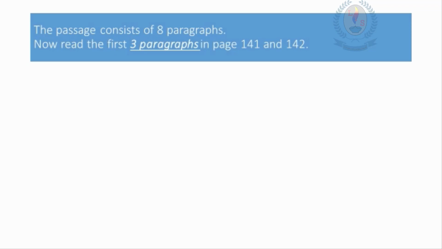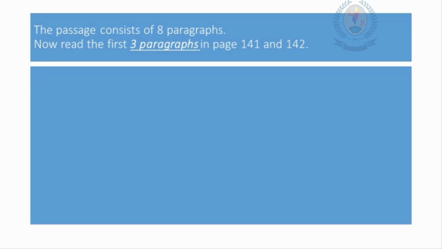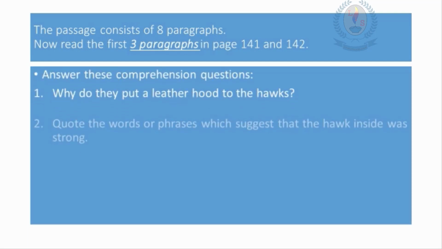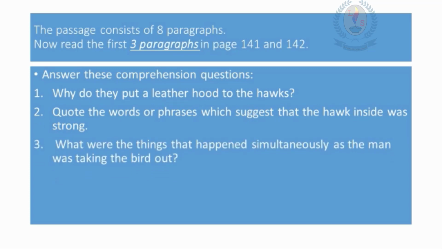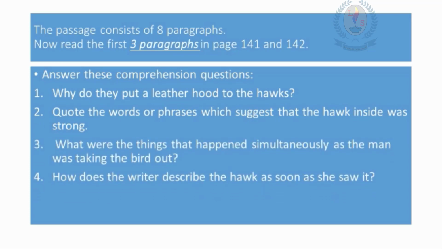Now, read the first 3 paragraphs in page 141 and 142 and answer these given questions. I have given the suggested answers in the next slide and you may compare them with yours.